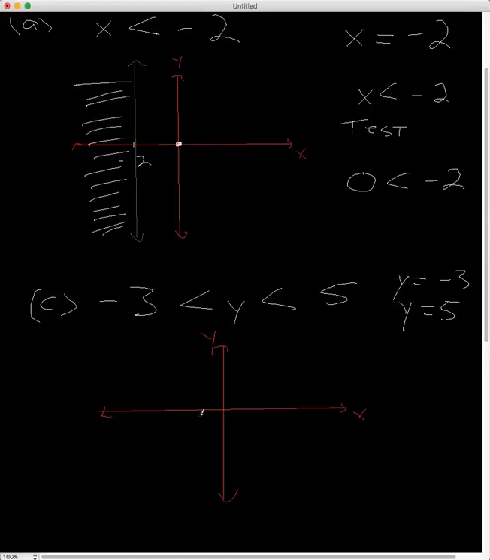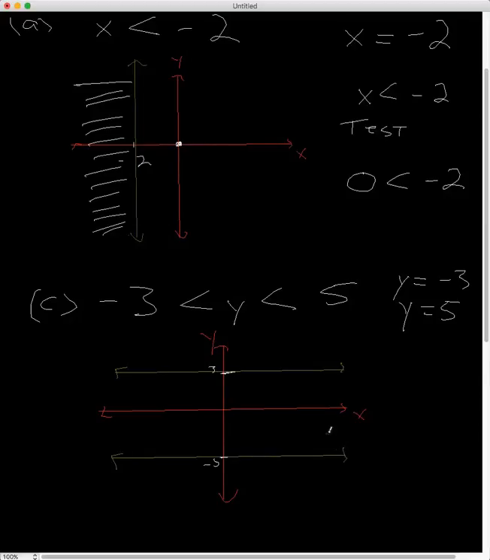I want y is equal to. So y is equal to 5 is right here, and y is equal to -3 is down here somewhere. If we draw the lines, you should have a line that goes straight across here, and another line that goes straight across here. Those are your two lines for this: y is equal to -3, y is equal to 5.